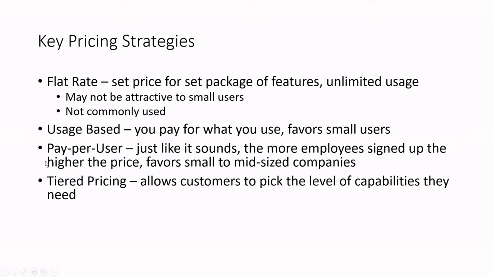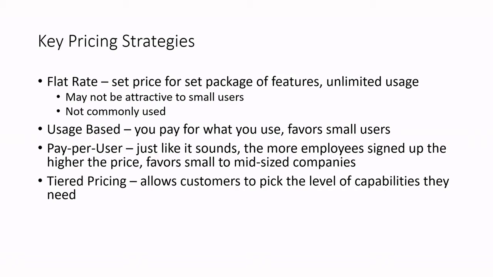Another pricing strategy commonly used is tiered pricing, which allows customers basically to pick the level of capabilities that they need and pay the price for those capabilities. And so a customer who can get by with a low level of capabilities gets the lower price in the tiered pricing package.